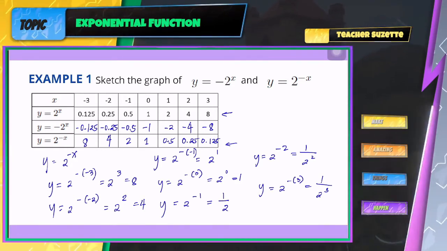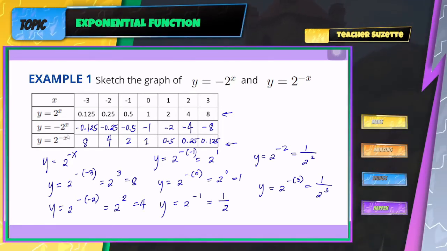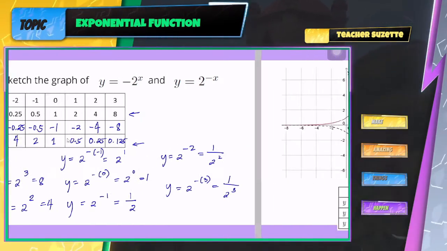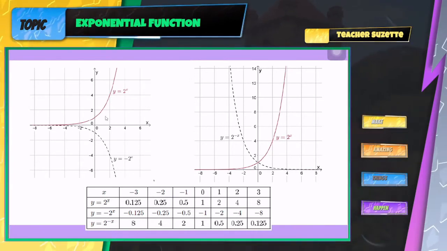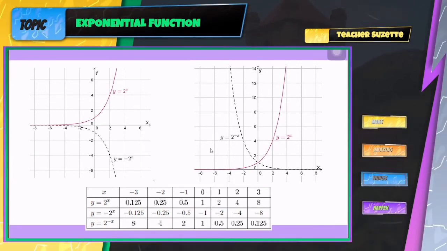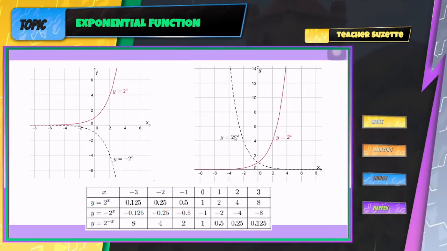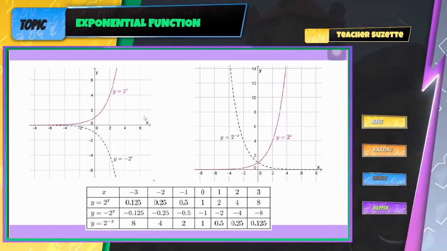Now, let's see what will be the sketch or the graph of these particular functions when we plot these points. So, I have here already the sketch or the graph for y is equal to 2 raised to x, y is equal to negative 2 raised to x, and y is equal to 2 raised to negative x. So, dito po muna tayo sa ating first figure.